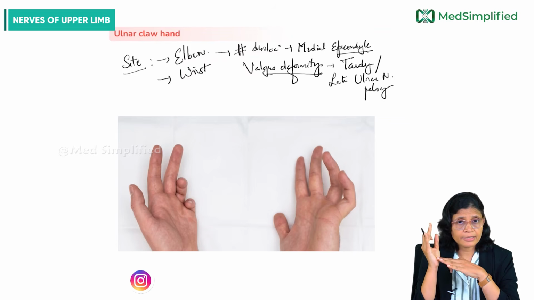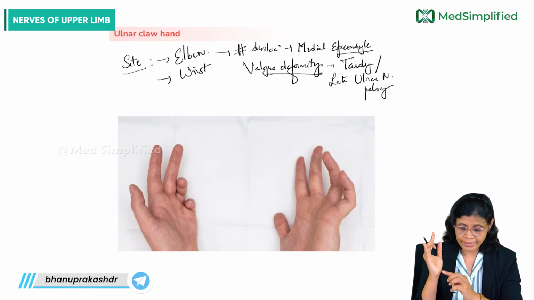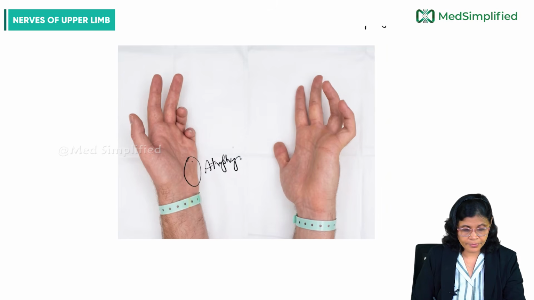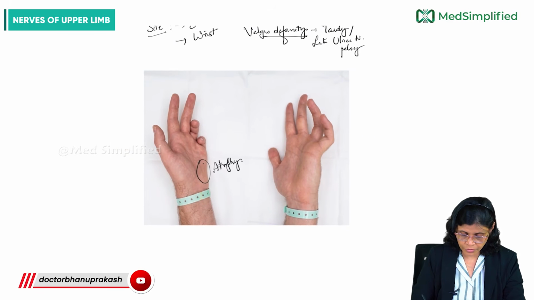Its main supply is in the hand, in the palm. So there is atrophy and flattening. If you compare here, there is atrophy of this hypothenar eminence. Then in the hand we see a deformity which we call the claw hand deformity.